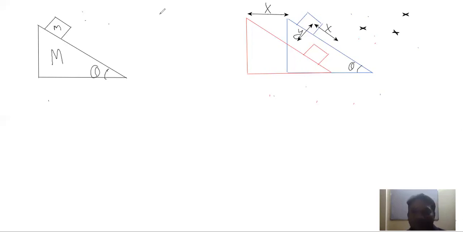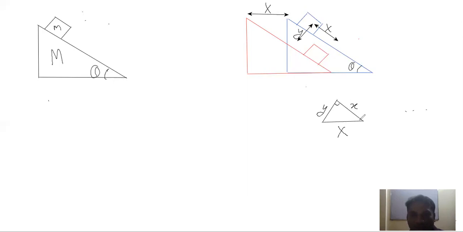Now, if I want to derive the relation between small x, capital X, and y, I will use the triangle. Let me show the triangle. This is small x, this is small y, and this horizontal distance is capital X. Capital X here, small x here, and y here.